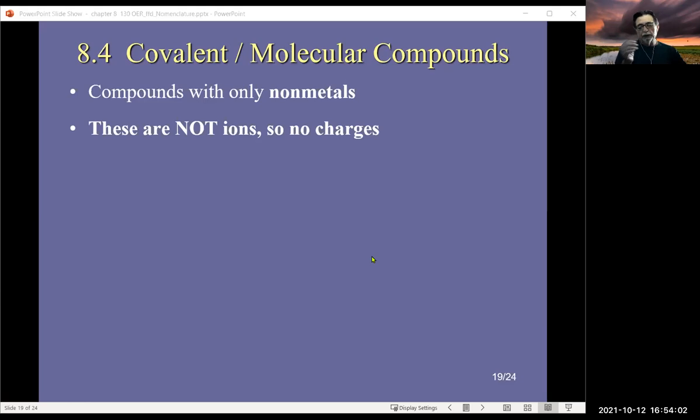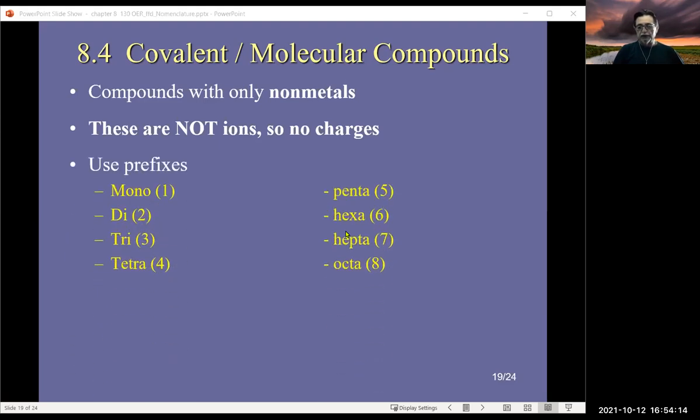And so we can't really use the term charge for covalent compounds. So we use the term oxidation number. Unfortunately, we interchange oxidation number and charge, but I'm doing my best to just use oxidation number overall to apply to both covalent compounds and ionic compounds.